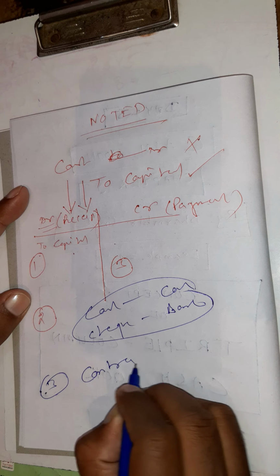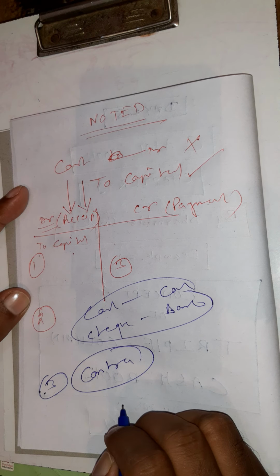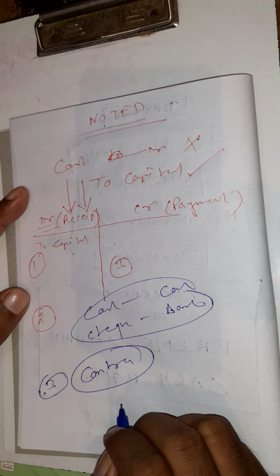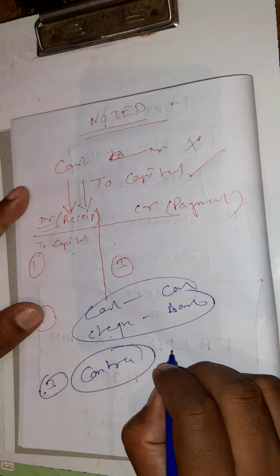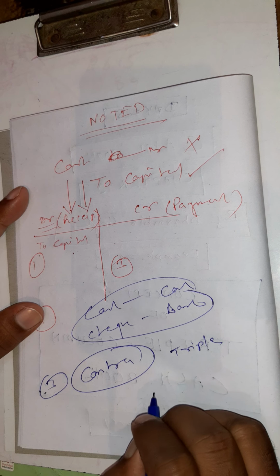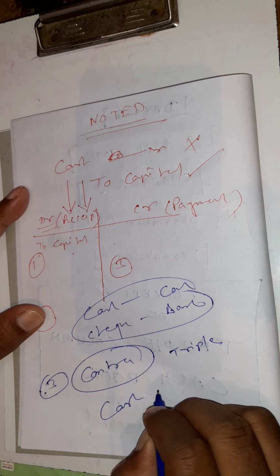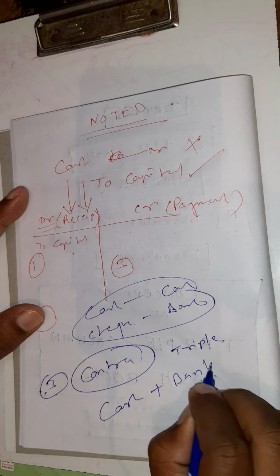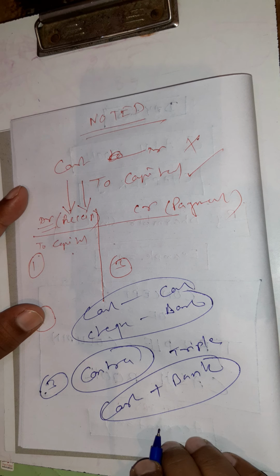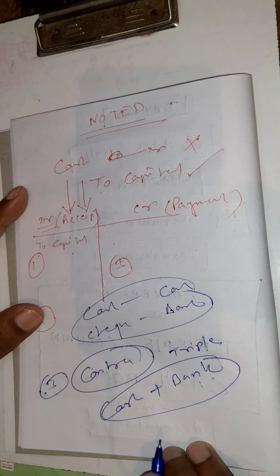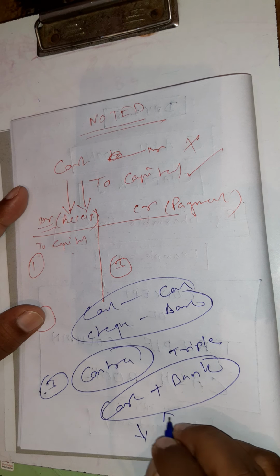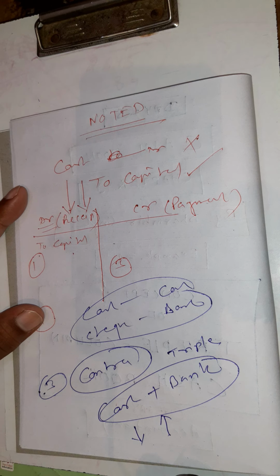Next topic is contra. Try to understand the concept of contra. Some transactions are recorded in the triple column cash book, not single column, which relate to both cash and bank, where the balance of one decreases and that of the other increases due to such transaction.